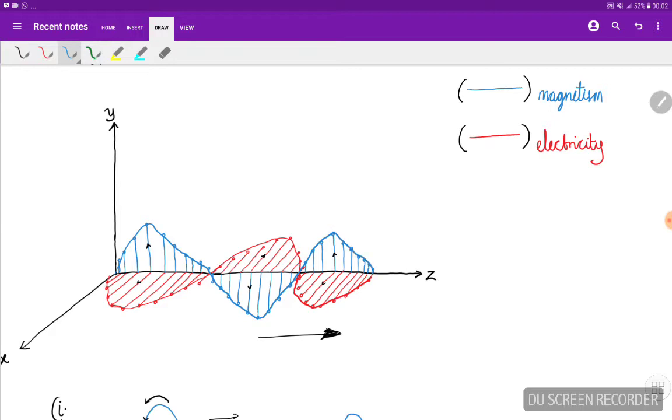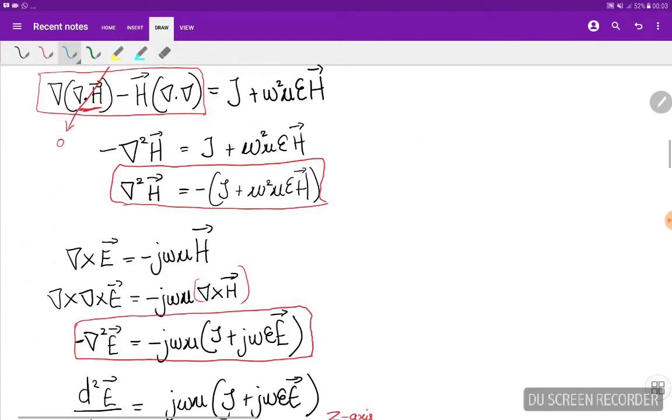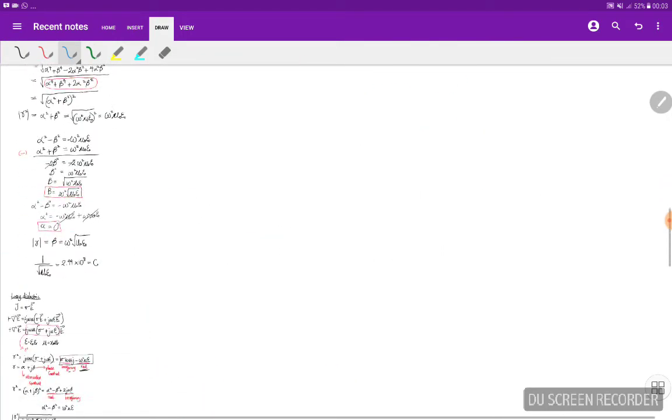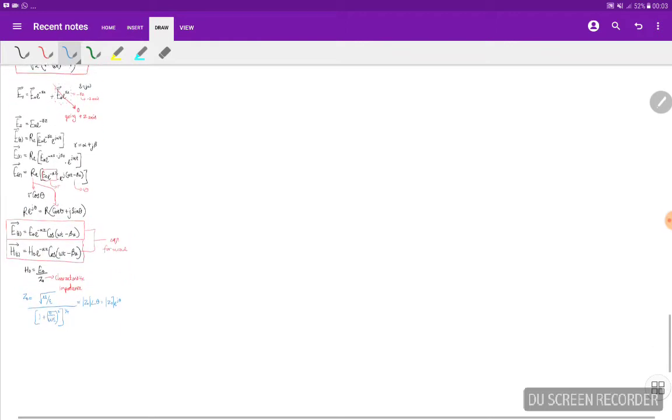As you can see, that forms your electromagnetic wave. Your magnetic field is on one axis, while your electric field is on the other axis. Alright, we've actually solved a whole lot. Wow.